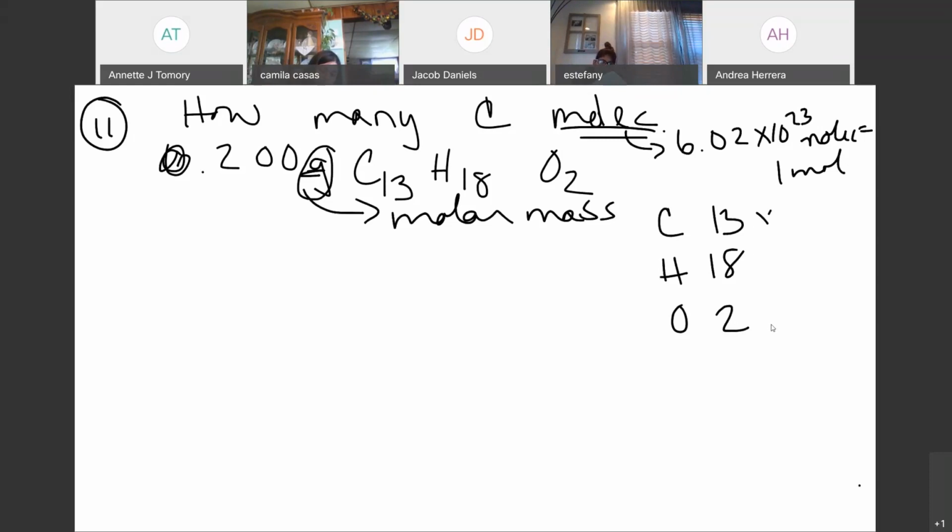Now I need to go to the periodic table. What's the mass of carbon? 12.01. What's the mass of hydrogen? 1.01. And what's the mass of oxygen? 16.0.